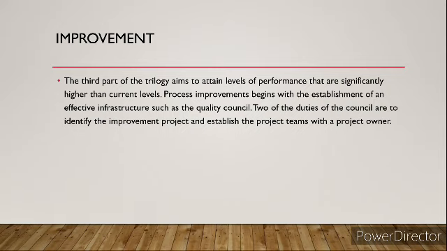Improvement. The third part of the trilogy aims to attain levels of performance that are significantly higher than current levels. Process improvement begins with the establishment of an effective infrastructure such as the Quality Council. Two of the duties of the Council are to identify the improvement projects and establish the project teams with a project owner.